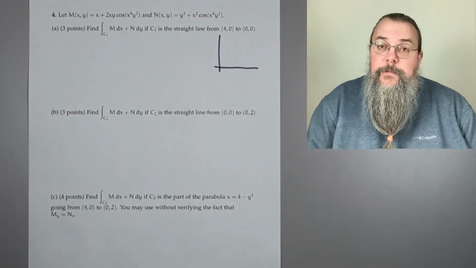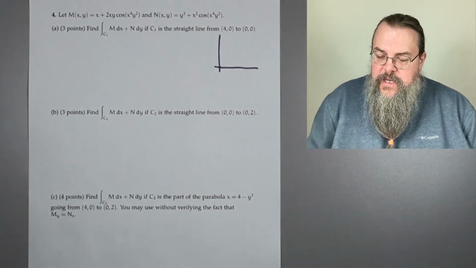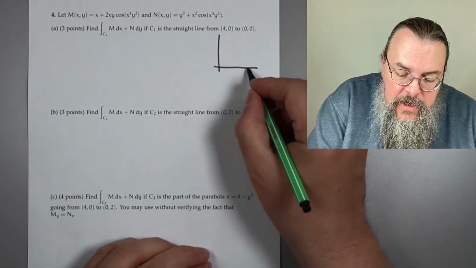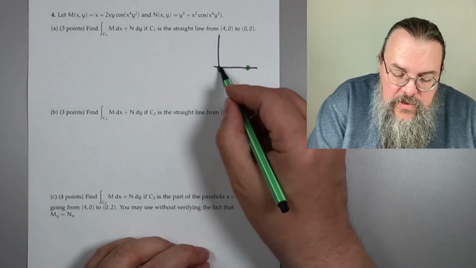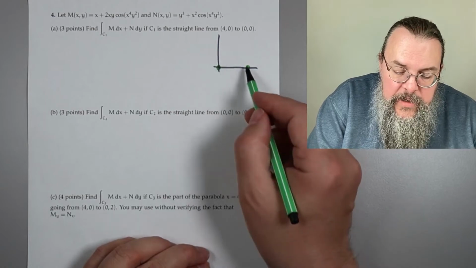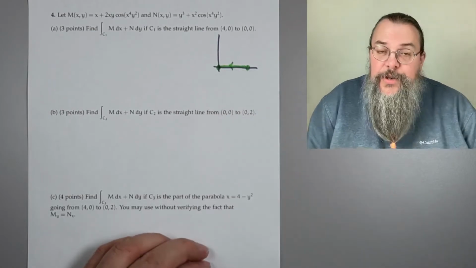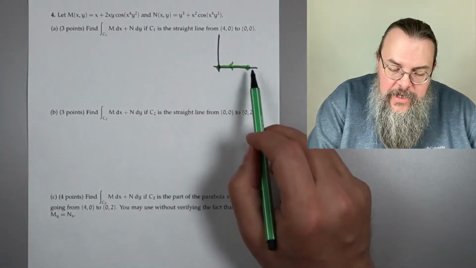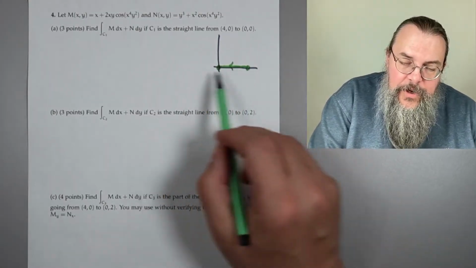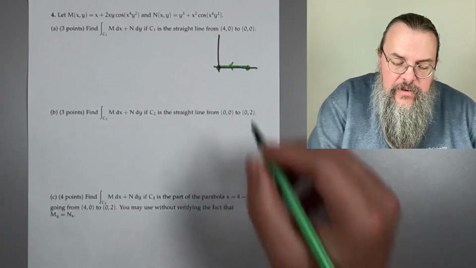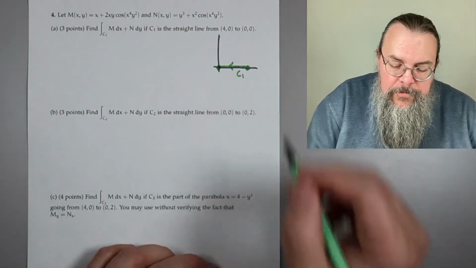We're going from (4, 0), where x equals 4 and y equals 0, to (0, 0). It has a direction, so we want to make sure we get the right direction. We're starting here and going there, so we're going from right to left. Okay, so here's our C1.